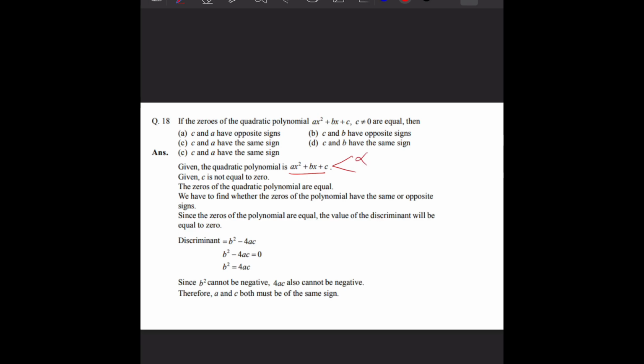I'll call this alpha and call this alpha. If the zeros of the quadratic polynomial are equal, we have to find whether the zeros have the same or opposite sign. Since the zeros can be alpha alpha, it can be minus alpha, right?